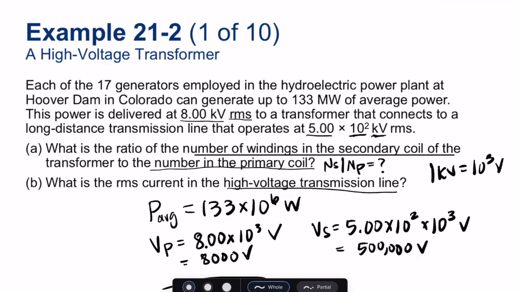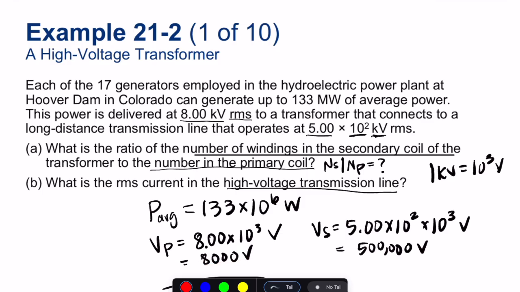Well, we know that this power must remain constant, right? The average power, 133 megawatts, which is 133 times 10 to the 6 watts. And we know that the input voltage is 8 kilovolts, which is 8,000 volts. That's the input.